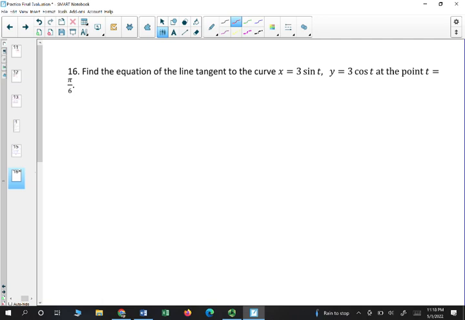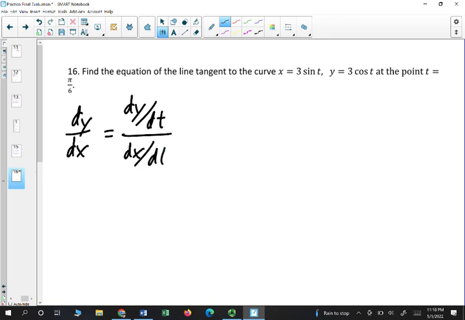So for parametric equations, remember if we're going to figure out the equation of a tangent line, we have to figure out the slope. The slope would be dy dx, but now remember dy is dy dt, and then dx is dx dt.